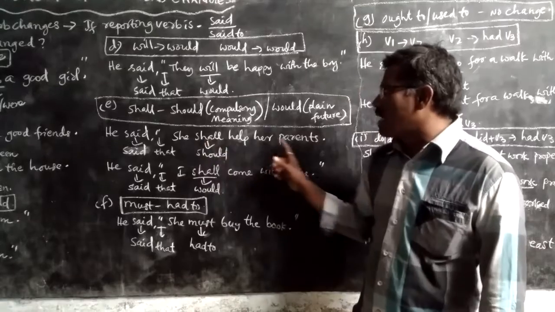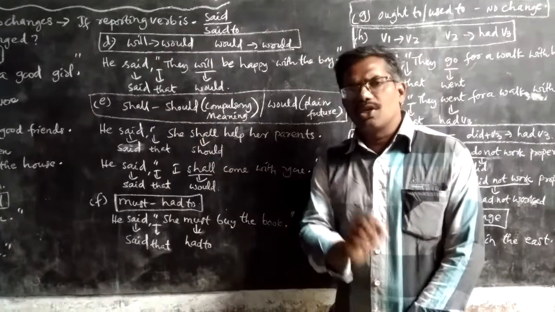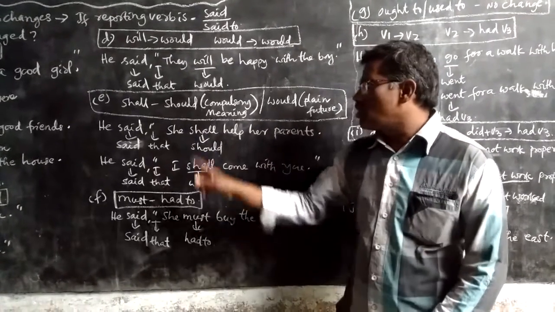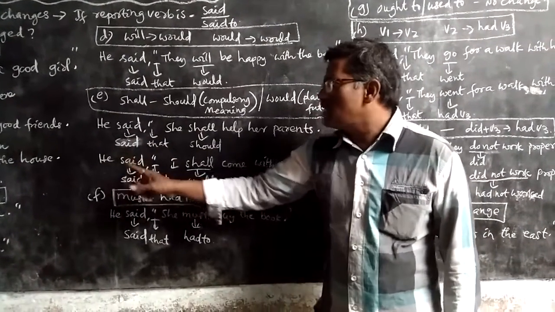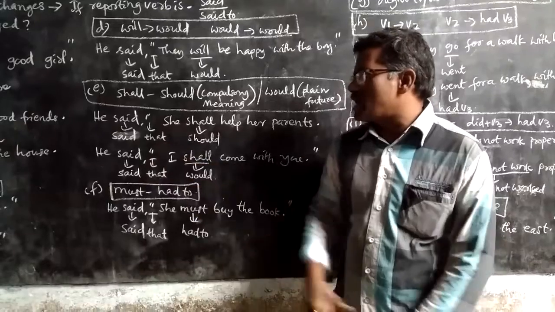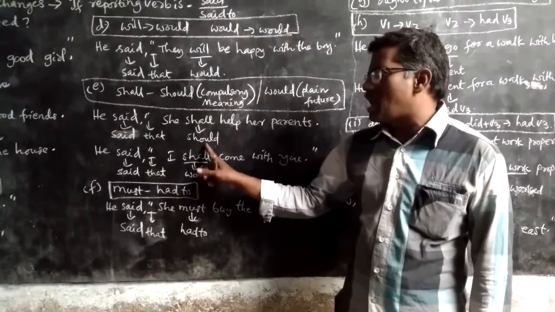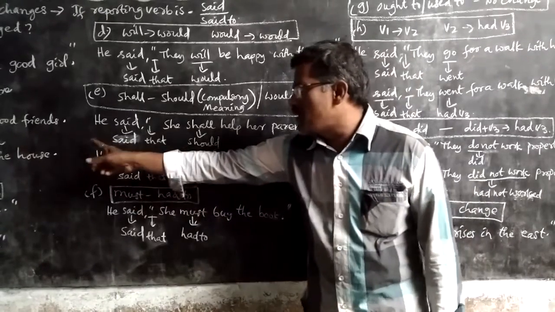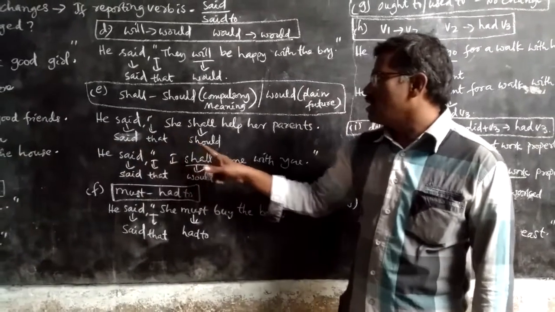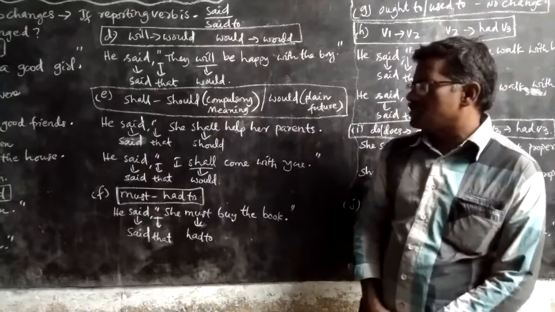She shall help her parents shows here shall means duty and compulsory. So shall is changed into should. Said is changed into said, inverted comma becomes that, shall is changed into should because here shall shows the duty and compulsory. So the answer will be he said that she should help her parents.